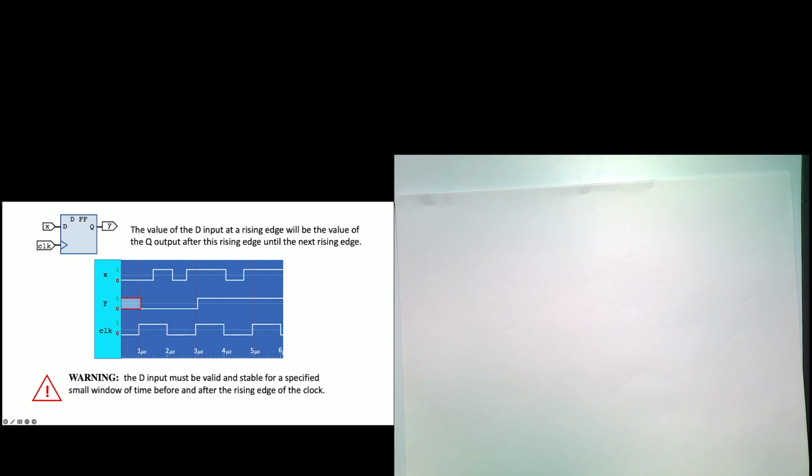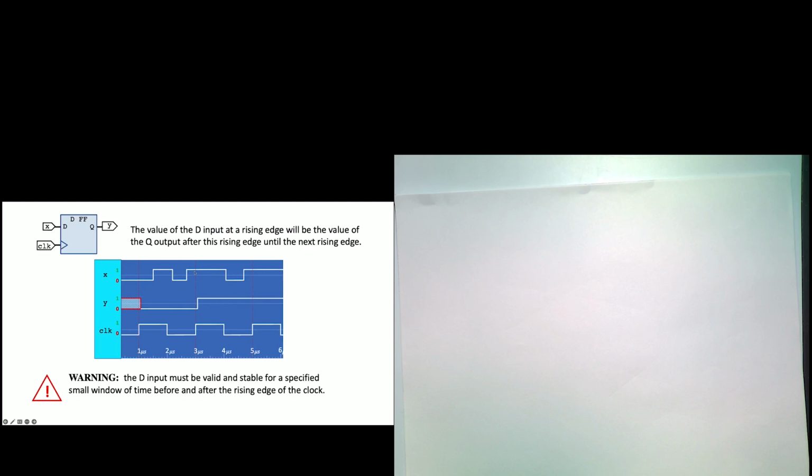Okay, so in this case, x was 0, so y became 0, and it'll stay that way regardless of what happens with x. X can change all it wants. It's only the value of x at the clock edge that matters. There is a warning, a caveat, and that is in order for the D flip-flop to work properly, the input x has to be stable right around the clock edge.